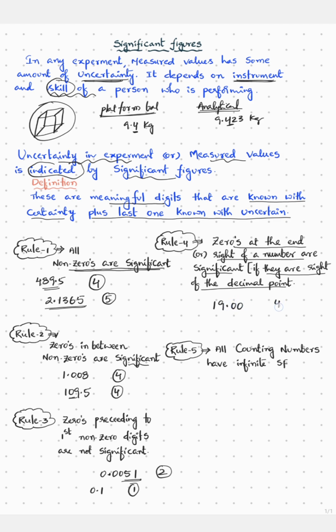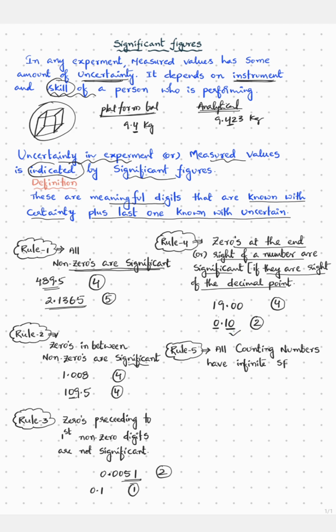Then here the number of significant figures is 4, right? 1.05, the number of significant figures is 3. And 0.10. Here the number of significant figures is 2. So the first preceding 0 is not significant, and the next two are significant, 1 and 0, right?